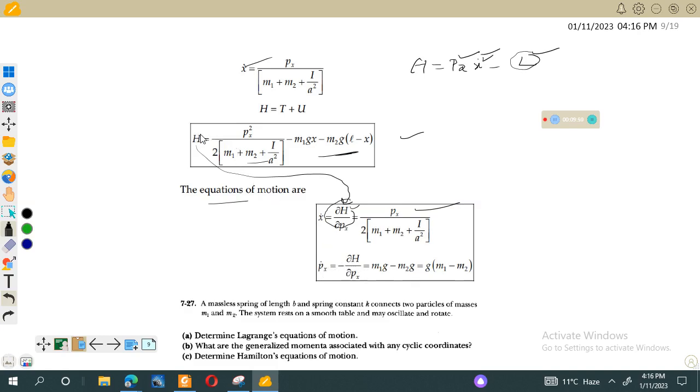Again take this h and plug it into this equation and differentiate with respect to x, so it will yield m1 g minus m2 g, which can be written as g into m1 minus m2. This is the equation of motion for the x coordinate, and similarly for the px dot coordinate. Okay, so I will stop at this point and discuss the next question in the next lecture.